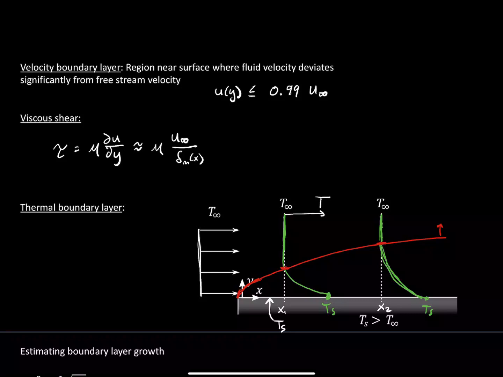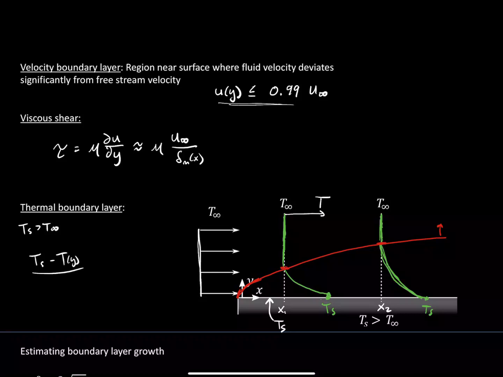So let's look at a relationship with the thermal boundary layer, like our definition of that, just like we had up here for velocity. The thermal boundary layer is going to be defined as the region where the temperature of the fluid has been disturbed in some significant way. So assuming that Ts is greater than T infinity, which is what we've plotted out on the right here, we can write this like this. Ts minus T as a function of y, right?